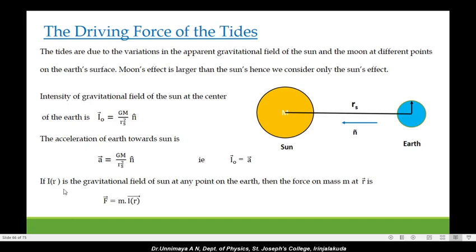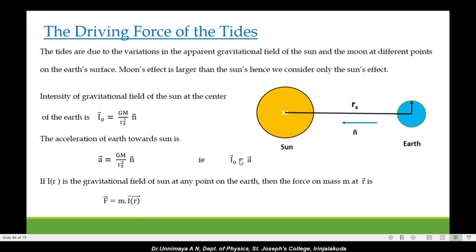So if I of r is the gravitational field of sun at any point on earth, then the force on mass m at r, F, will be equal to m into I of r.